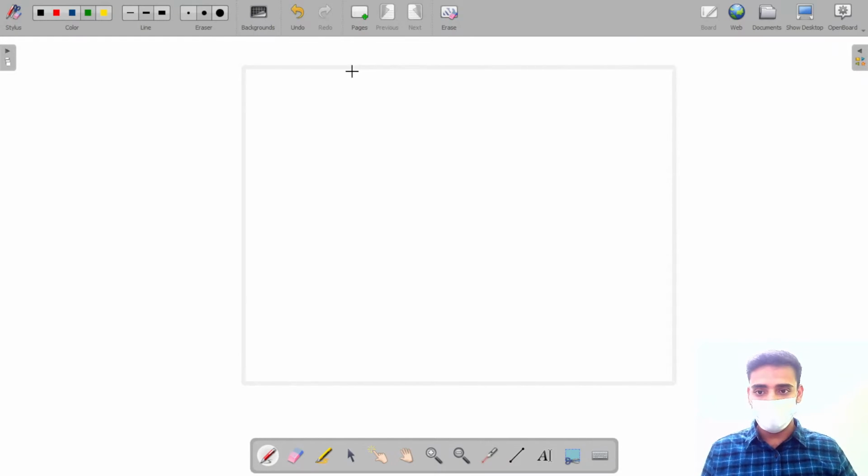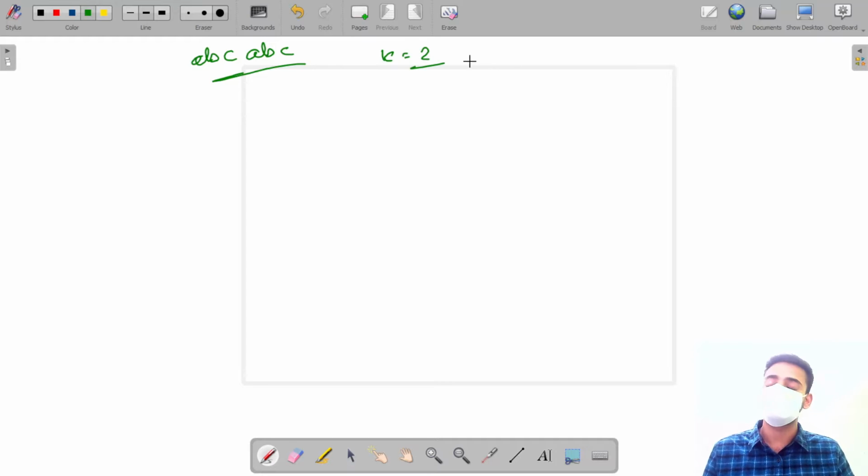So this is our board. For example, let's have ABC, this is our string and the value of k is 2. We have to pick two distinct characters from this string.